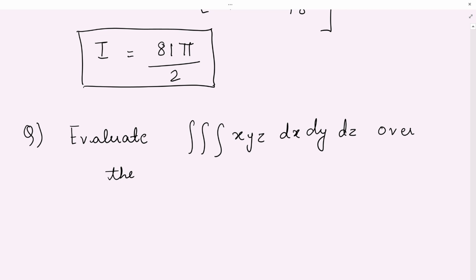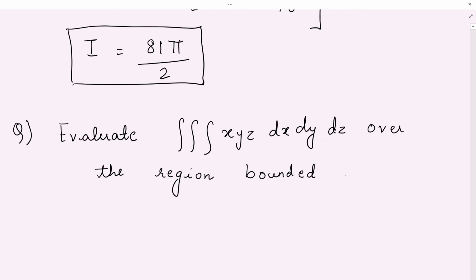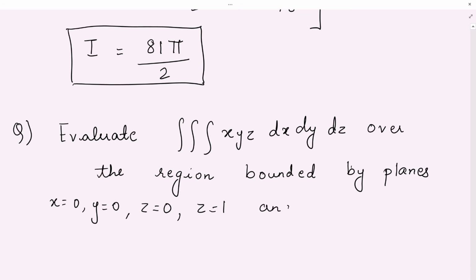Over the region bounded by the planes x = 0, y = 0, z = 0, z = 1 and a cylinder x² + y² = 1.